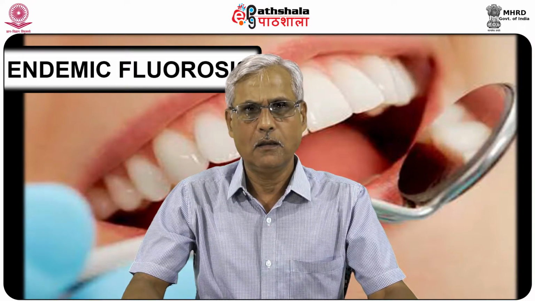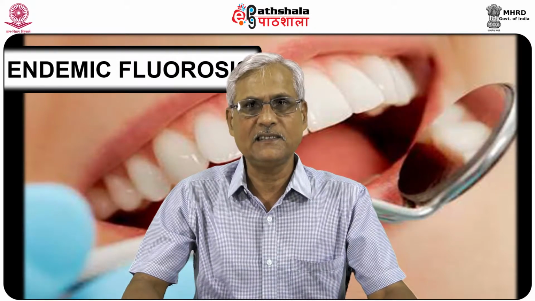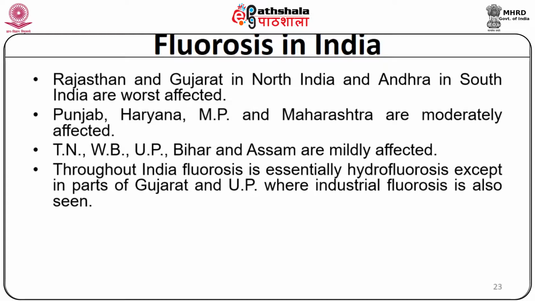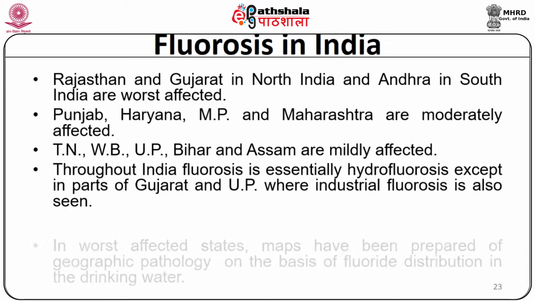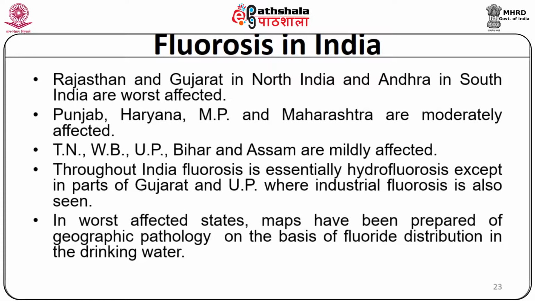Throughout India, fluorosis is essentially a hydrofluorosis. It means that it is caused by excess of fluoride in drinking water, except in parts of Gujarat and Uttar Pradesh, where industrial fluorosis is also seen. In worst affected states, maps have been prepared of geographic pathology on the basis of fluoride distribution in the drinking water.